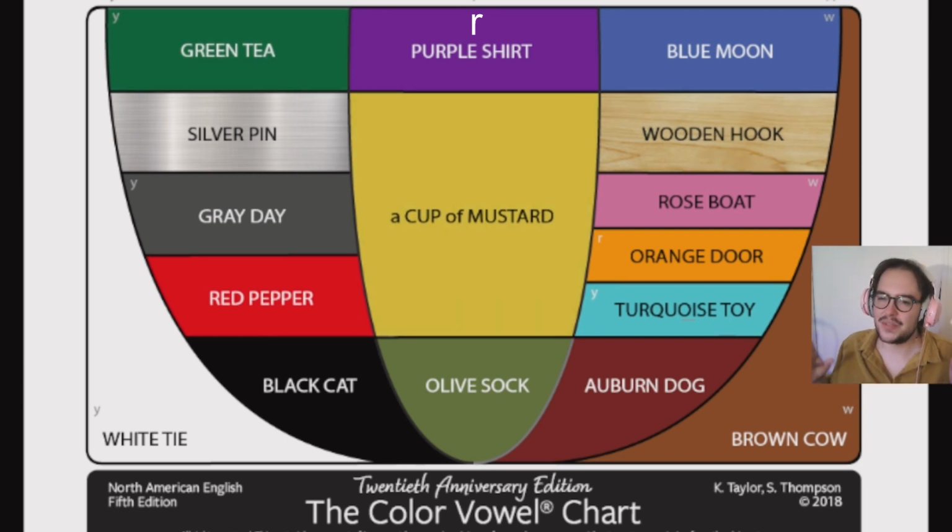Now, the way to really utilize the color vowel chart to your studies and your English communication is by really defining the vowels, taking a look at which vowels are really close to each other. Because this chart organizes them in the way that our mouth is shaped, the vowels that are close to each other are more similar.